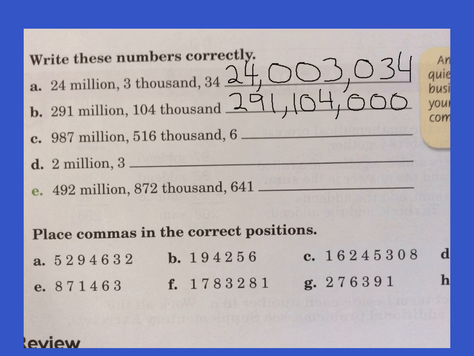C says 987 million, so comma. 516,000, another comma. And then 6. So you need to put 006.